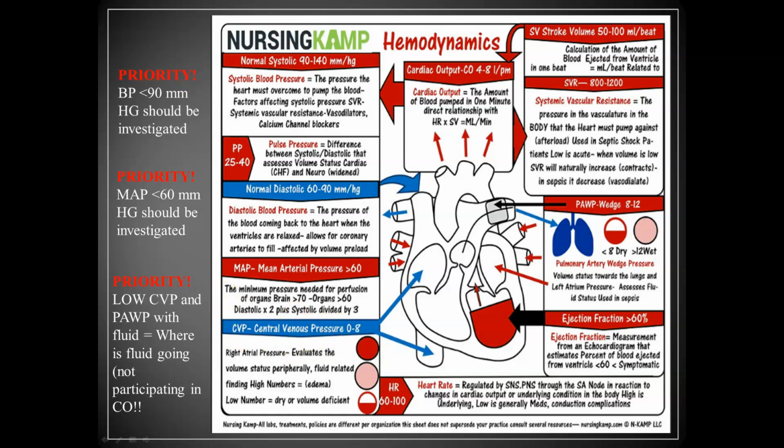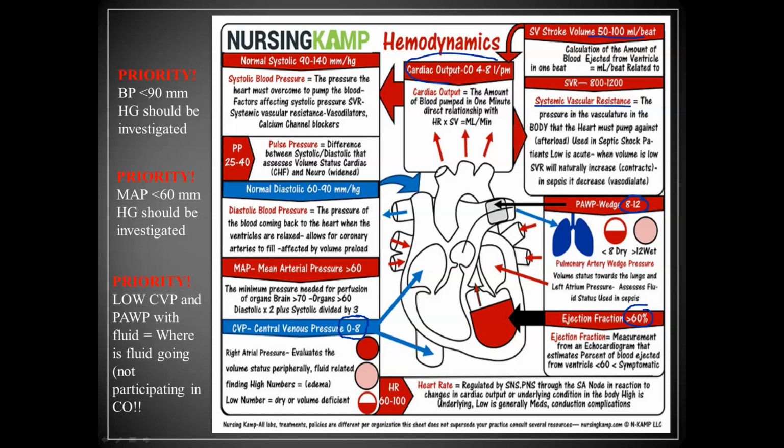So you can see here, even based upon what I said to what Nursing Camp says here, we use 2 to 6, they use 0 to 8. That's going to be in every book everywhere. We see their ejection fraction over here is greater than 60. Pulmonary artery wedge pressure is pretty normal. It talks about SVR here. It talks about stroke volume. They use 50 to 100, I use 60 to 100.